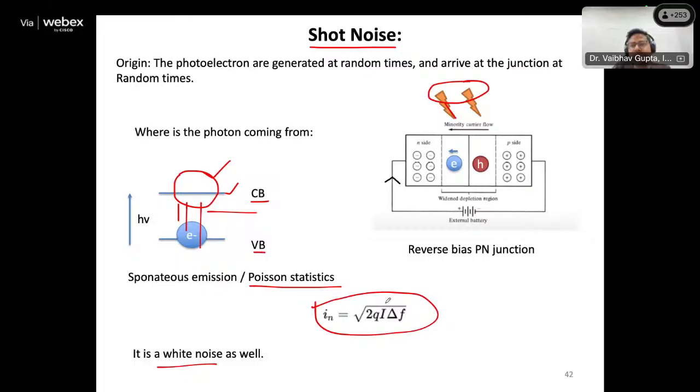So if suppose a dark current is flowing, first you have to take the mean value of this dark current. So I said mu is the mean, sigma is the standard deviation. So you have to consider the mean value of the current. That value you have to put here, and delta f is the bandwidth. And then you can calculate how much is the total shot noise power.